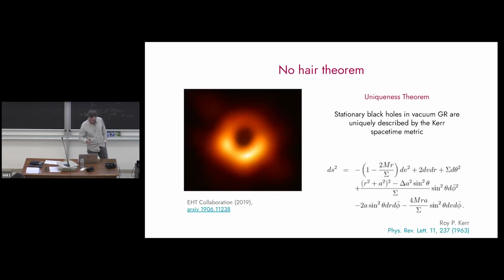And why do you want to test gravity with this prediction? Well, first, one aspect of gravity that you want to test is the uniqueness theorem, which tells you that if you have stationary black holes in GR, they are uniquely described by the Kerr spacetime metric. This is a standard prediction of GR.